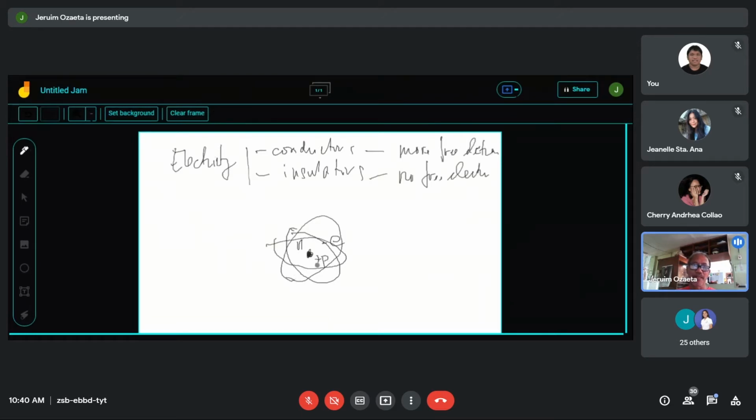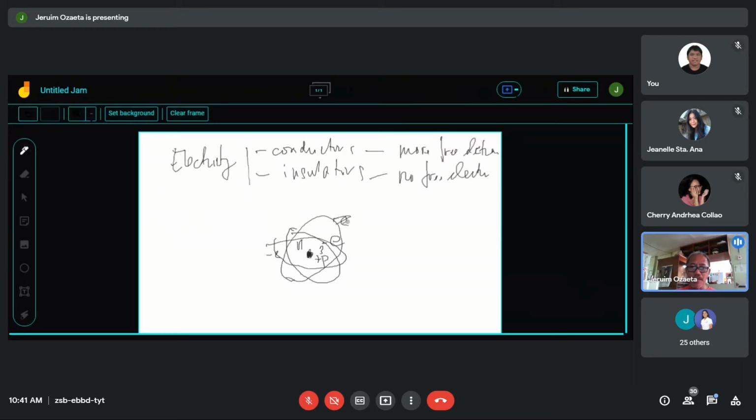Okay, so for example, if there are two protons, there will be two electrons around. If for example there are three electrons here, there must also be three positive protons in the atom, so that the attraction of the charges present in the atom will be equal.